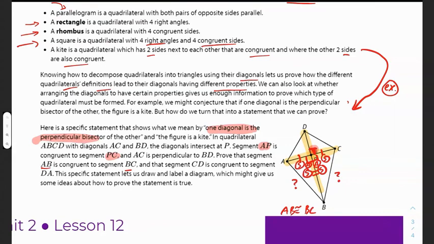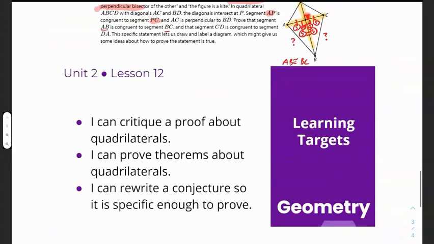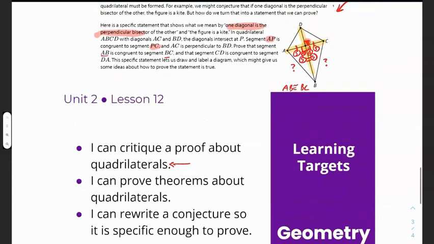All right. So again, your learning targets. Can you critique a proof about quadrilaterals, right? Can you use diagonals, can you use their definitions to work with proofs of quadrilaterals? Can you prove theorems about quadrilaterals? All right, and that's really about the definitions and what they mean in terms of their sides and angles.